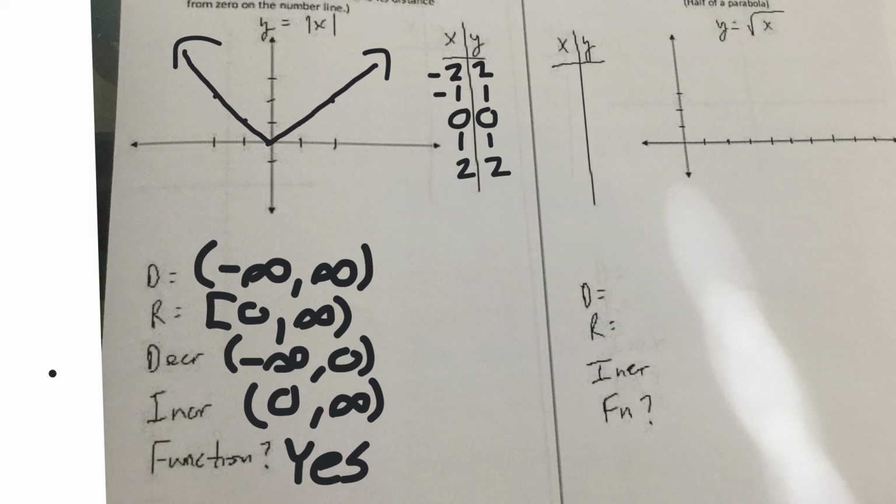So at the point that it changes, it can't be doing both things. A graph can't increase and decrease at the same time. So we leave it out. It does neither. It's not constant either. A little confusing. So we never include brackets for increasing or decreasing.